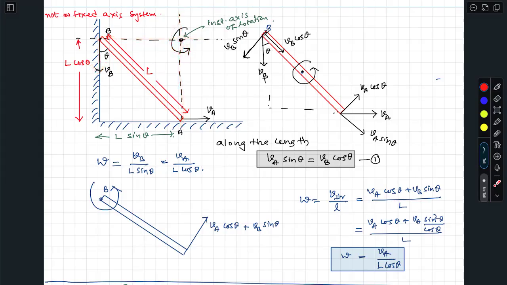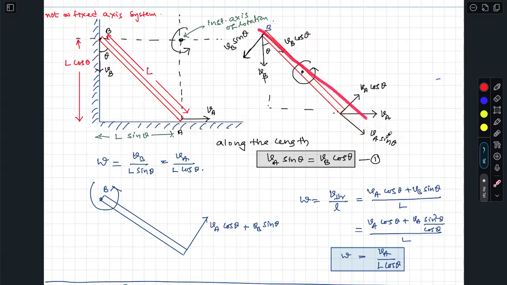By the way, this is VB and this is VA. The component in this direction is VB cos theta. If this is theta, this is 90 minus theta. This is VA, and this is VA sin theta. So VB cos theta, VA sin theta. What is happening?